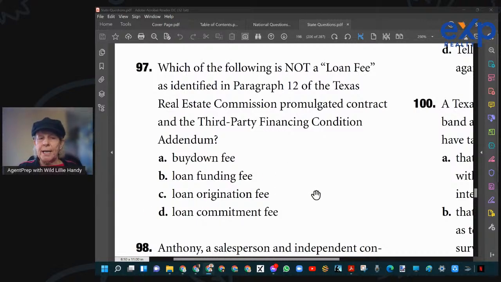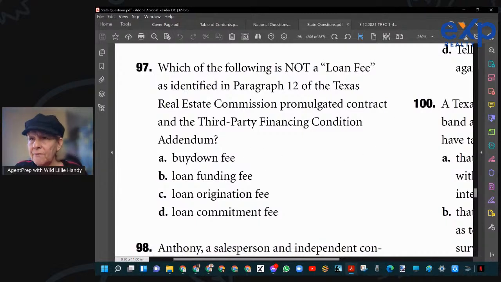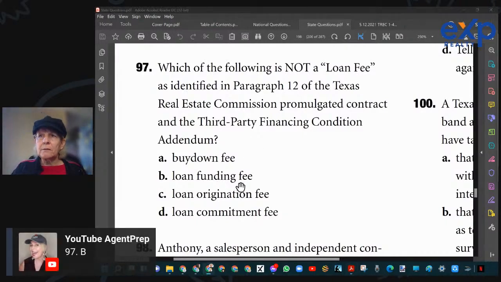C, loan origination fee. Or D, loan commitment fee. All right, so 97 B. Wow, nobody took a chance on that one. It's a tough one.